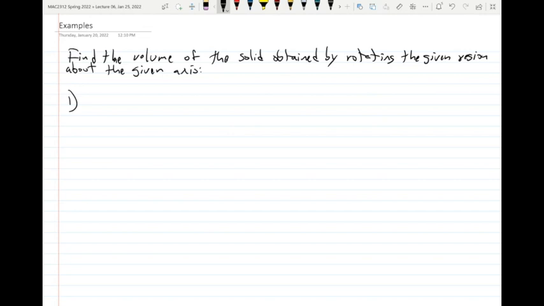Okay, so number one, let's see, I'm gonna give you the region and the axis. Let's say that the region is given by the function f of x equals 2 minus x squared and the function g of x equals 1, and then we're gonna rotate about the line y equals 1.